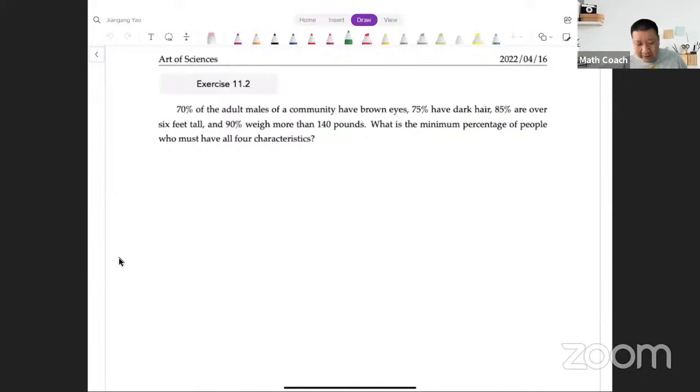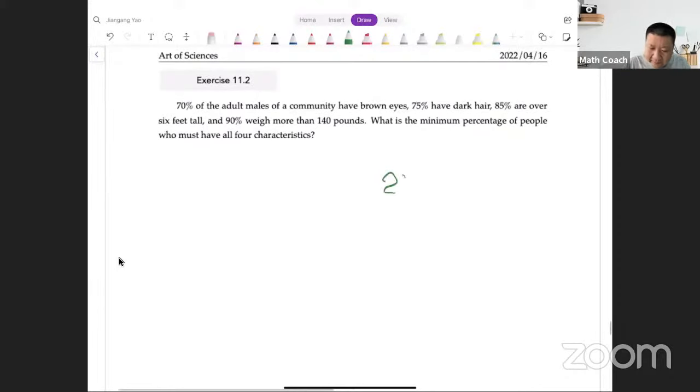What is the minimum percentage of people who must have all four characteristics? 88, go ahead, and your answer is correct. Now it's 2-0. Basically, you take the complement, add them together, then deduct from 100.